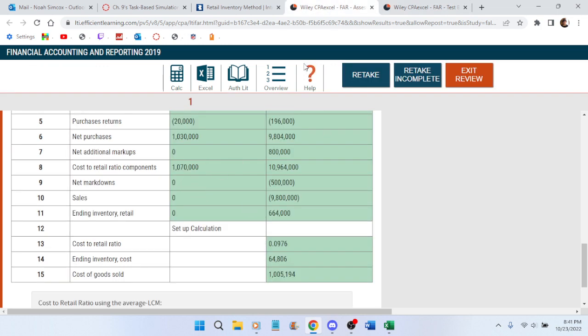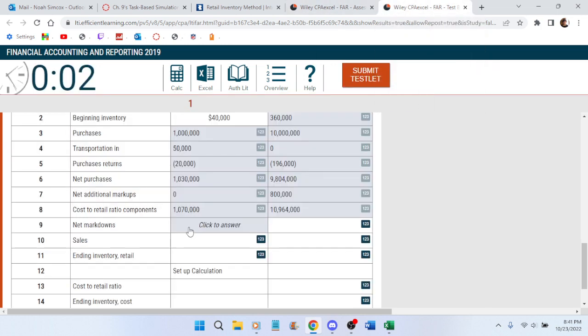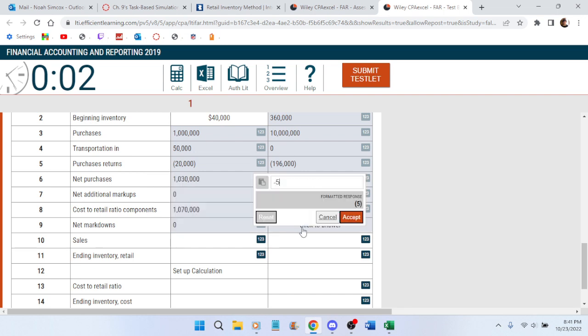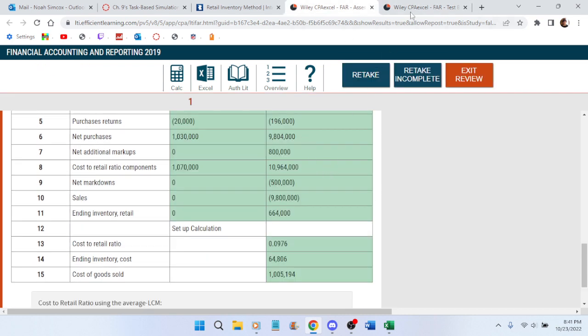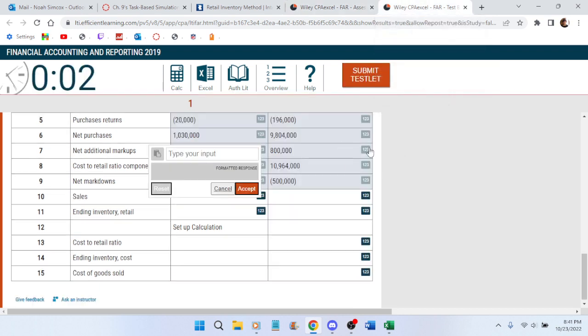Net markdown 0 and negative 500,000. And why can't I just push enter? Sales is 0 and 9,800. Wow.